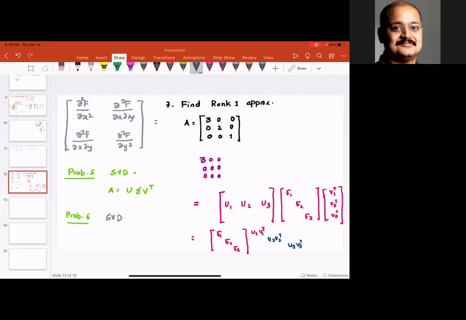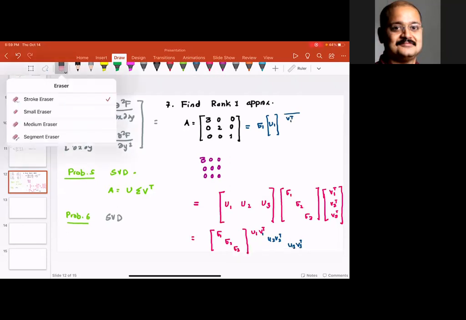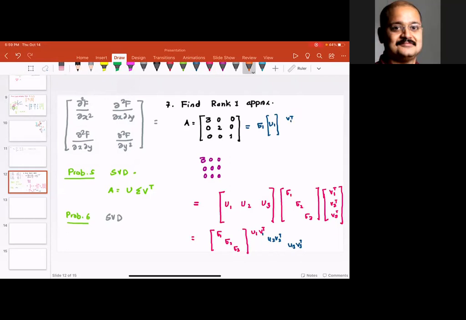So what that means is this matrix is dissected as sigma 1 U1 V1 transpose plus sigma 2 U2 V2 transpose plus sigma 3 U3 V3 transpose.